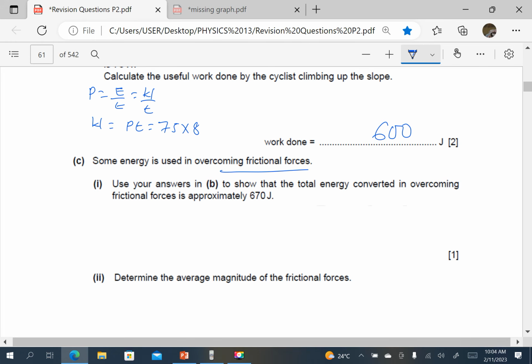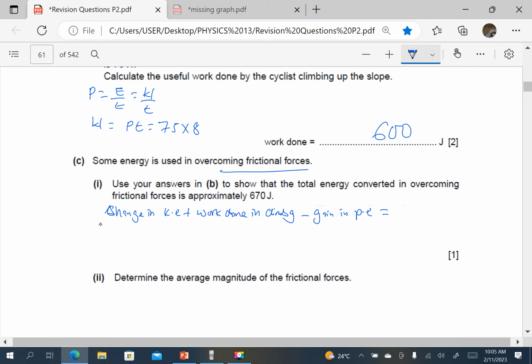So the change in kinetic energy, because the speed decreases, plus the work done in climbing, minus the gain in potential energy should be equal to the total energy converted in overcoming frictional forces.